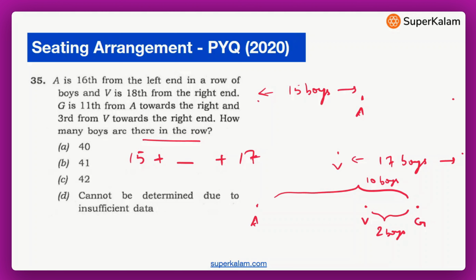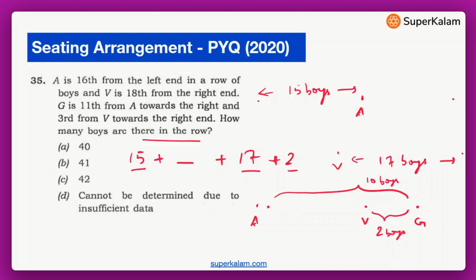We just don't know how many boys are there between A and V. Plus, we have to also add 2, because we have to count A and V also. Now, between A and V, how many boys are there? We want to know that.